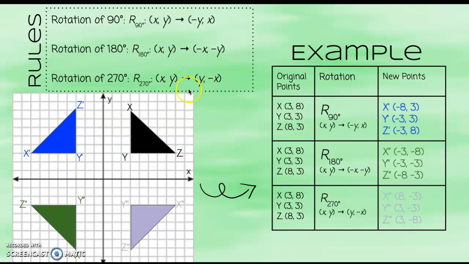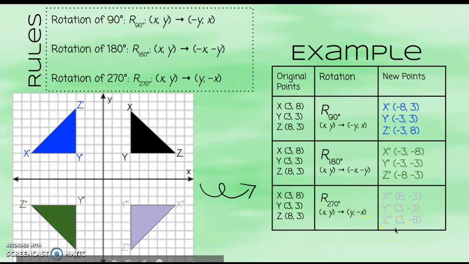All right. So x was here at 3, 8. We moved it to here when we rotated 270 degrees. So we went from 3, 8, we're going to flip them, 8, 3, and we're going to negate whatever was here, negative 3. All right, you're going to do that for each.